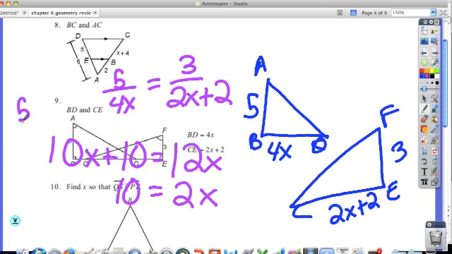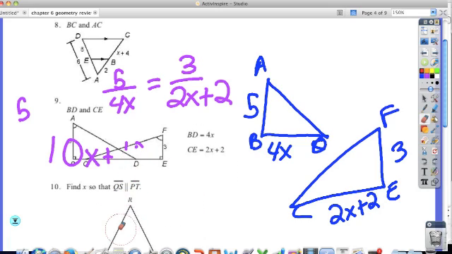I was supposed to find BD and CE, correct? So BD would be, what would BD be? 20. And what would CE be? 12. Wait, 12? Yeah, 12. Okay? We got it?